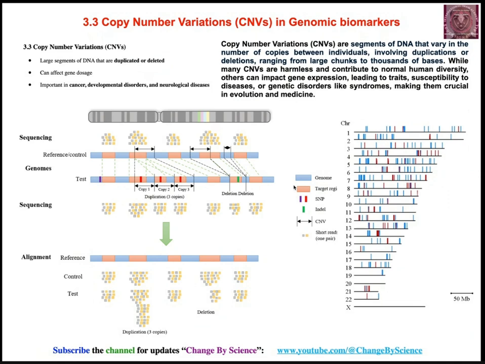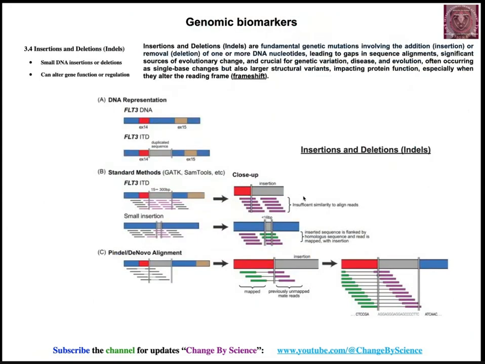So this is the third type of genomic biomarker. Then it comes to the fourth type, that is insertions and deletions, which are called indels. Normally it is a small DNA insertion or deletion and can alter gene function or regulation. Insertions and deletions are fundamentally genetic mutations involving the addition, that is insertion, or removal, deletion, of one or more DNA nucleotides, leading to gaps in the sequence alignment.